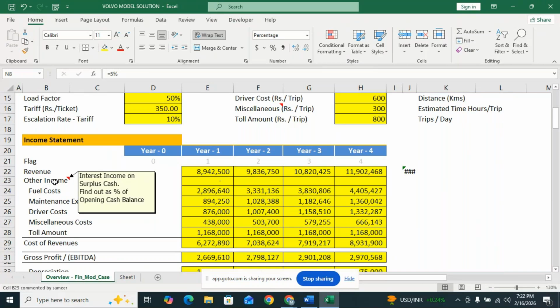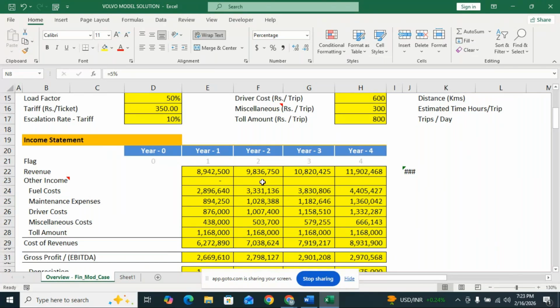So now complete this gap. Okay. So let's start with this computation. Please come to the income statement above. Now for year one, it will be nil because year zero is the initial period. You can't compute the other income for year one.